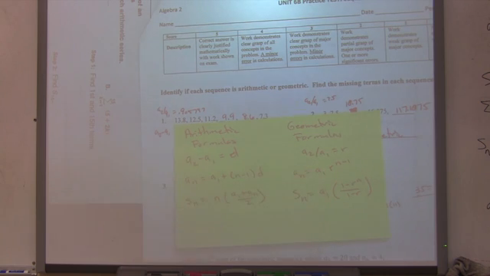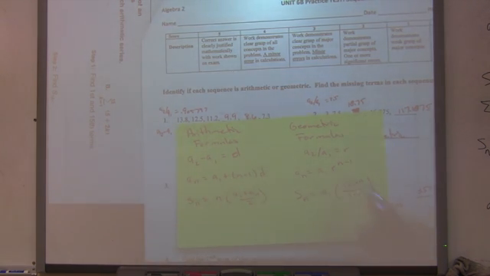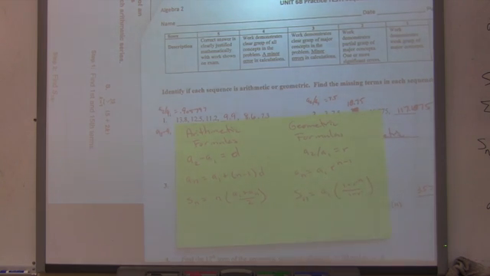12,500. Now that we have a1, we can go back and plug it in again to find an. So we're trying to find a sub 12. Our a sub 1 is 12,500. Our r is 0.2 to the n minus 1, and our n is 12, so that would be to the 11.